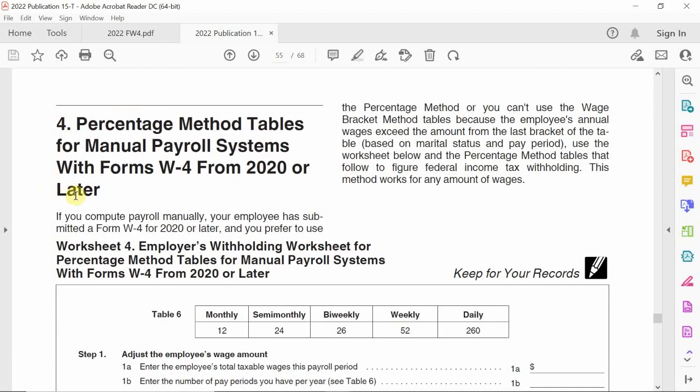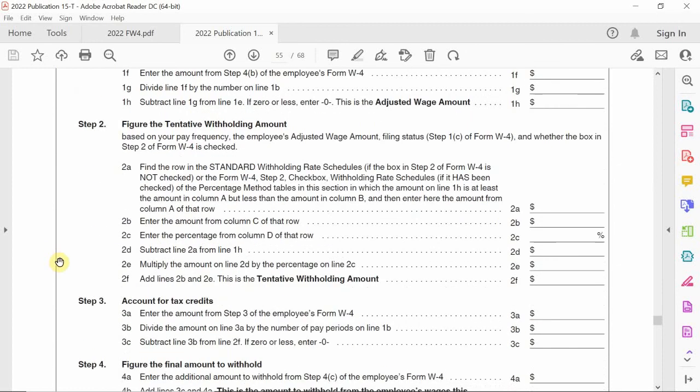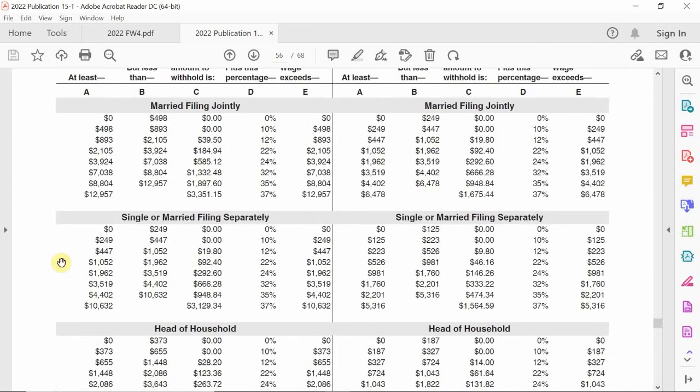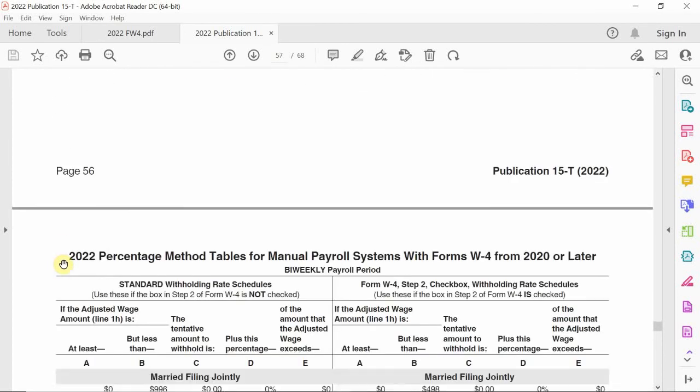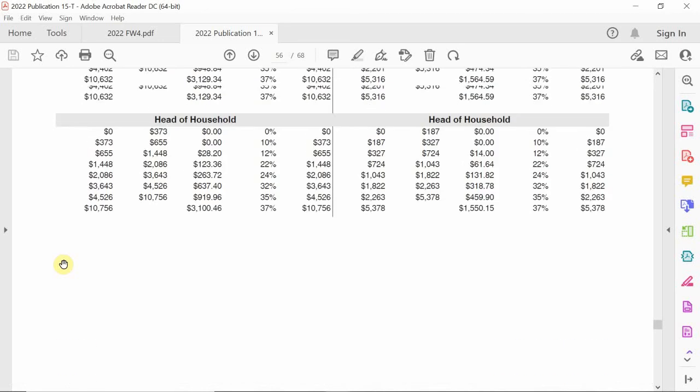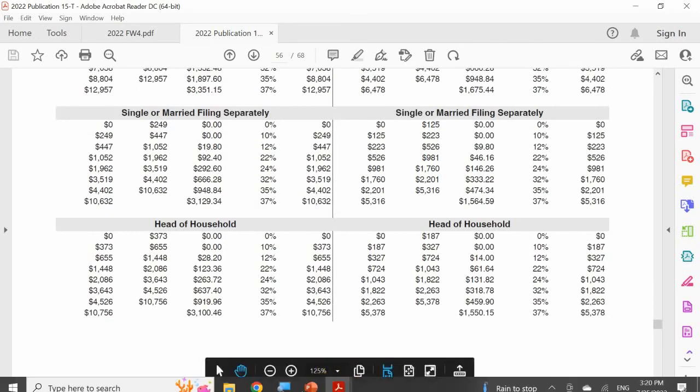They have it split: one for W-4 forms for 2019 and prior, and one for the newer ones, which is our table that we're going to be using to calculate the federal income tax withholdings, okay? So this is the table we're going to be using, all right?